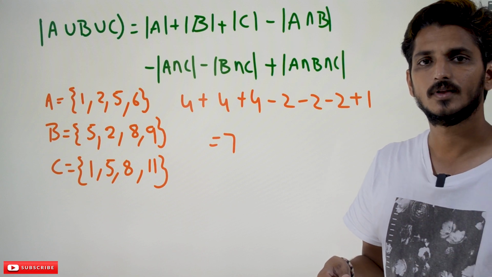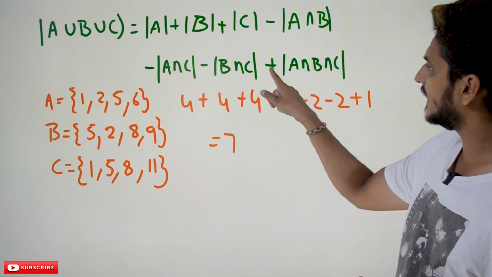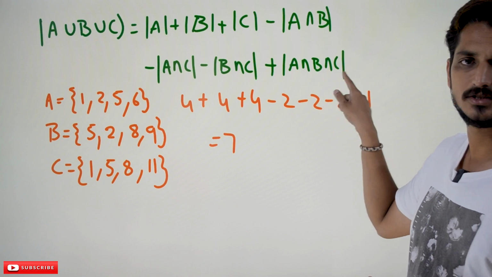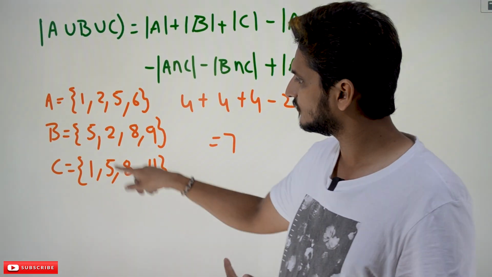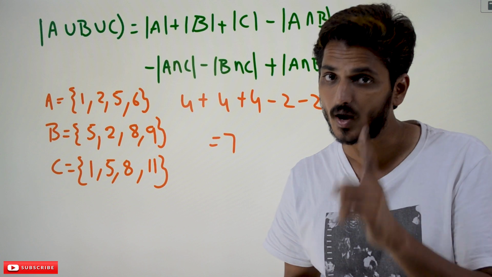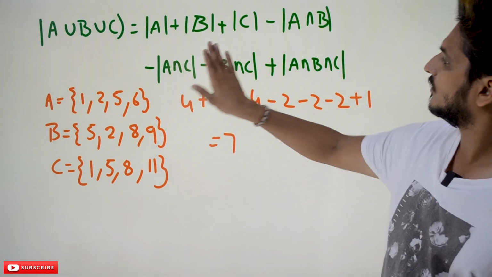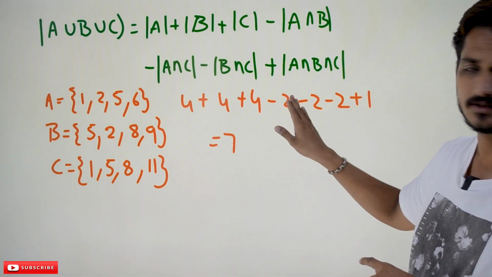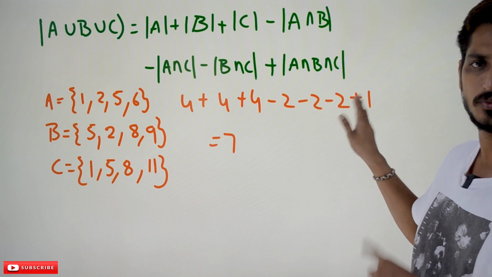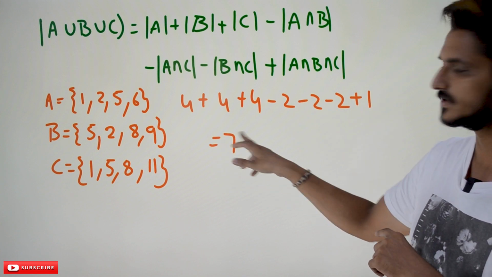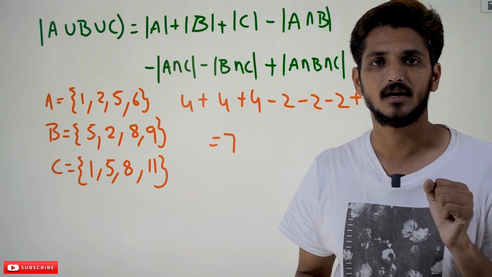So that is the reason to add A intersection B intersection C. What is A intersection B intersection C? It is 5. How many elements are there? 1 element. That's why 4 plus 4 plus 4 minus 2 minus 2 minus 2 plus 1. So the total number of elements is 7.